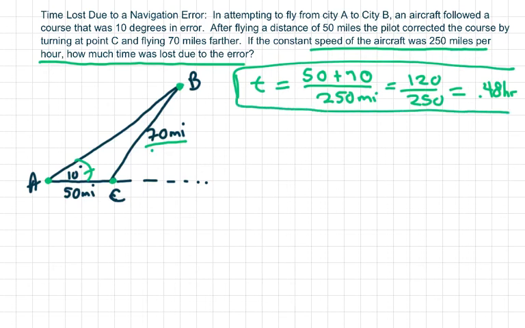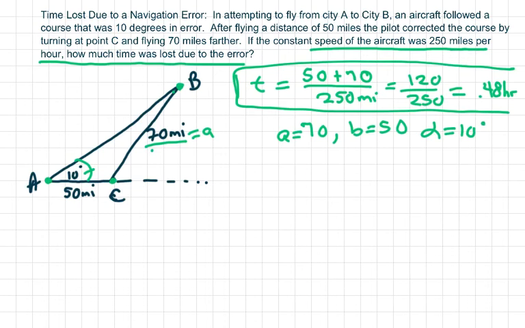So we want to find out what the miles is from A to B. The first thing we're going to do is notice that A is 70. That's our little a. Our little b is 50 miles. And our alpha is 10 degrees.